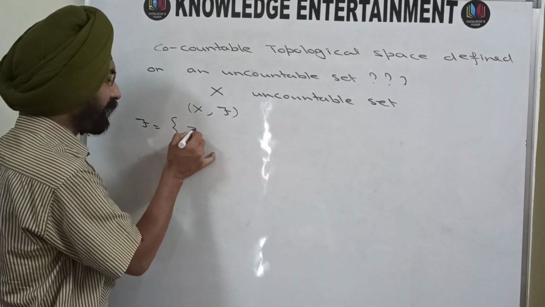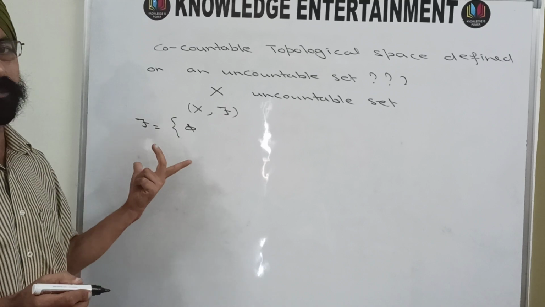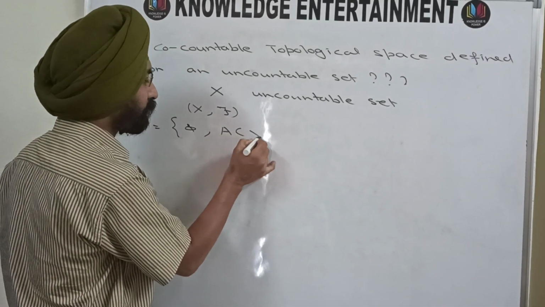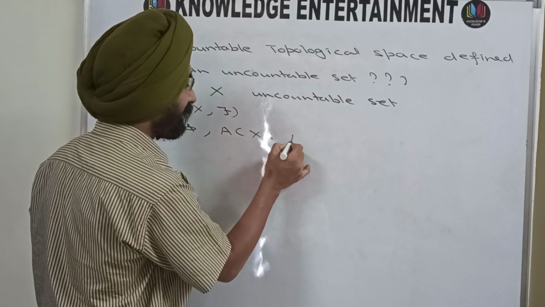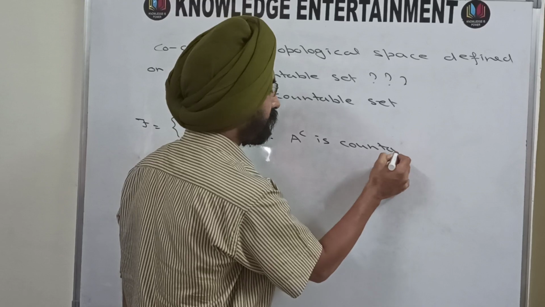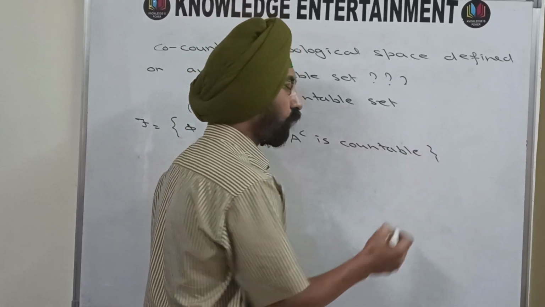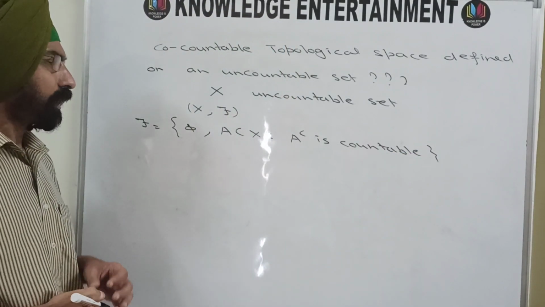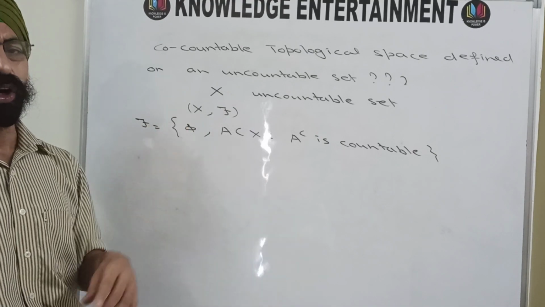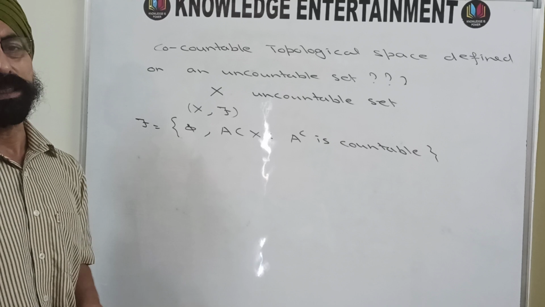One of them will be phi definitely because it is a topology, so phi must be there. And then a subset of X such that its complement is countable. Now we will show that this topological space X tau is not a T2 space.